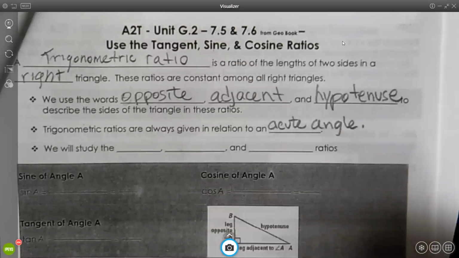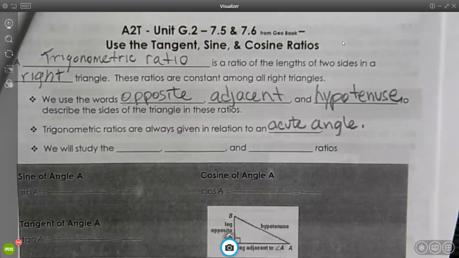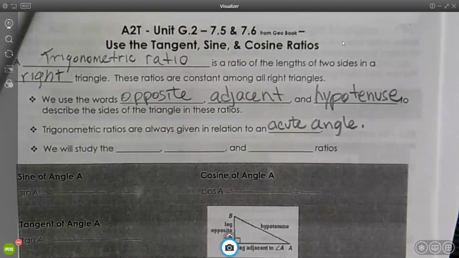It has to be an acute angle, not a right angle. When we talk about the opposite, we're talking about opposite the acute angle, adjacent to the acute angle. And the hypotenuse is always the longest side. It's always the side that's not one of the legs.